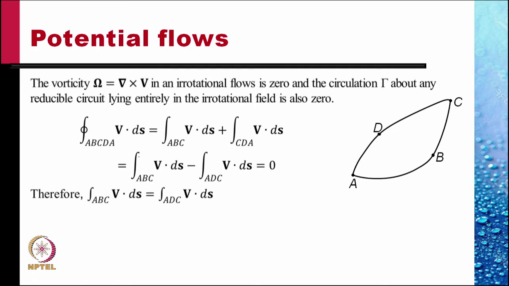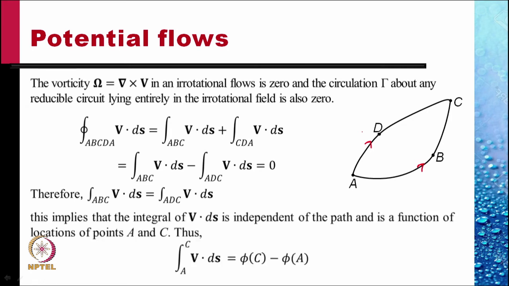Therefore, the integral about this path ABC is the same as the integral about ADC. Since we have taken the path arbitrarily, this means that the integral of V dot ds between any two points A and C is independent of the path that we take.